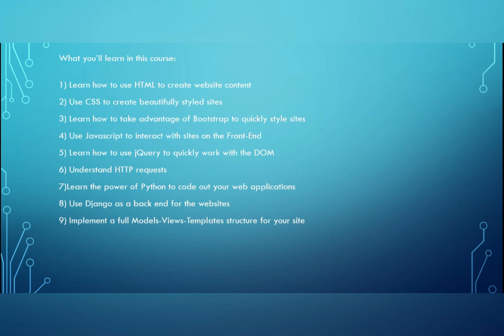We use jQuery to quickly work with the DOM, the document object model, and we understand HTTP requests, like what APIs are. We learn the power of Python to code your web applications, and we use a framework called Django for our web applications, and we will follow the model view template structure for your website. So we will learn all these things in this course.